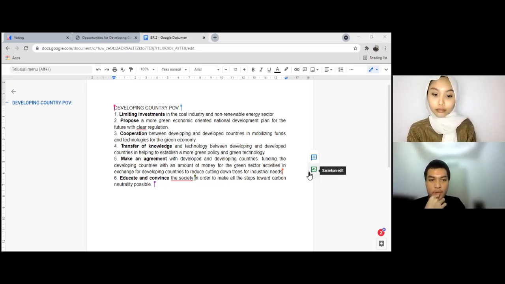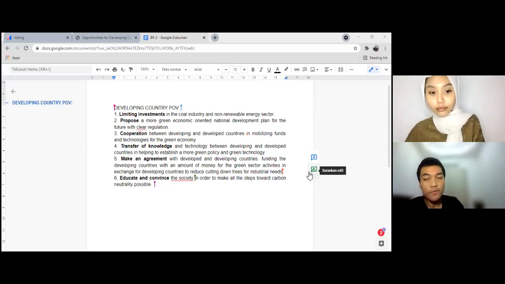So I think when people have a proper mindset about this kind of issue, about climate change, developing country could achieve the right resolution to get zero carbon emission and neutrality that hopefully will be met in 2050.